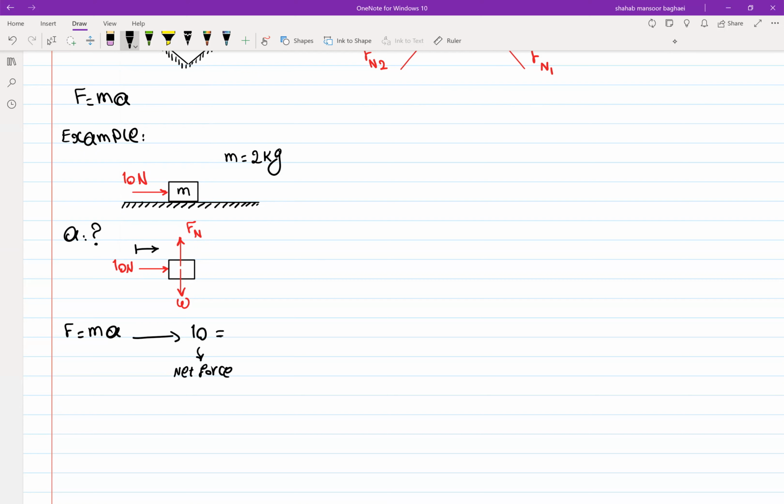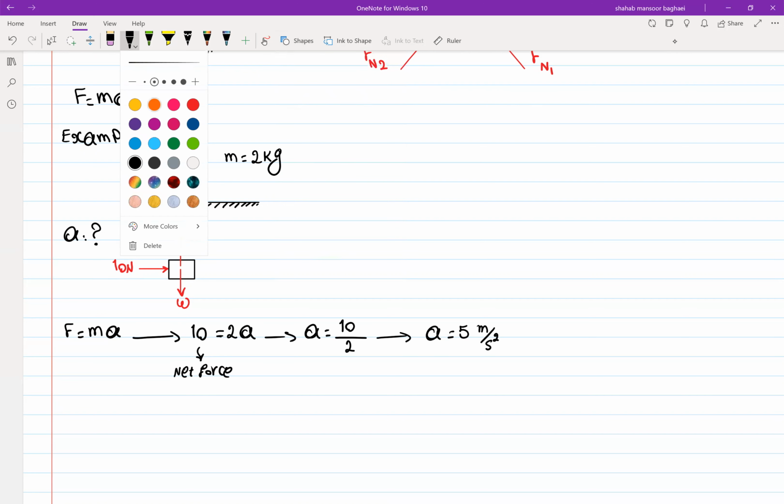Equal to mass, 2 kilograms, times A. Therefore, A is 10 over, sorry, over 2. And A is 5 meter per second square. Answer of the question.